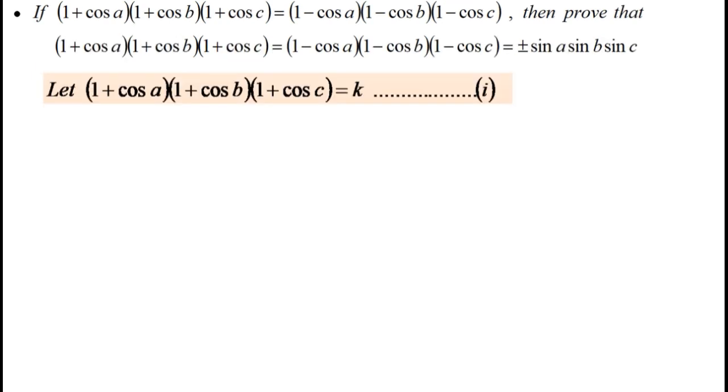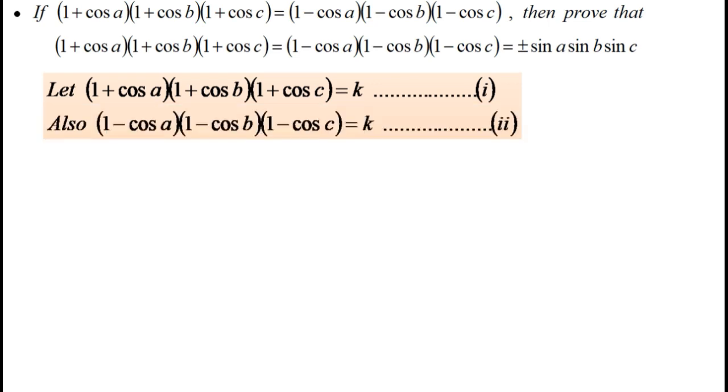Now let 1 plus cos A into 1 plus cos B into 1 plus cos C equals to k. This is our equation number 1. And 1 minus cos A into 1 minus cos B into 1 minus cos C equals to k. This is our equation number 2.